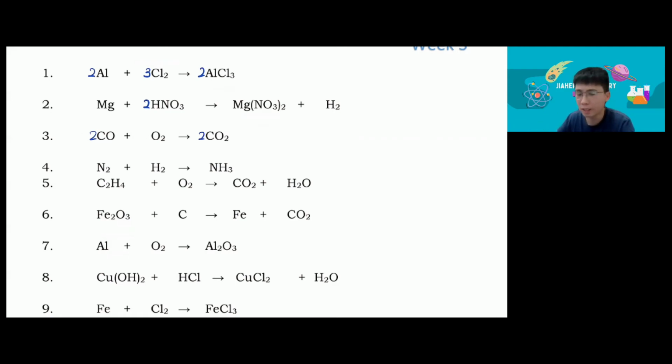Don't be so lazy. So from here, you see, I have N2, okay? At the back, I have N1 because there's no number. No number in front of it, no number at the bottom right. So N2, N1, so I make that 1 become 2. So I times the 2 here. So 2N, 2N, settle. But once I times the 2 here, the 2 will also expand to the H. So I have H6.